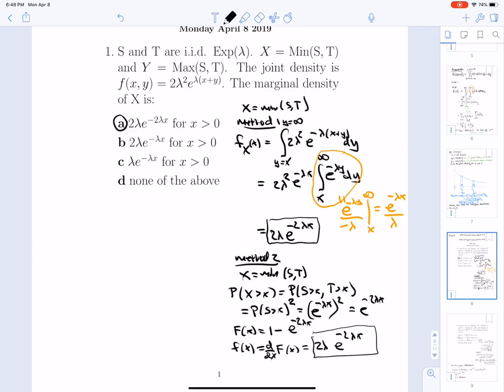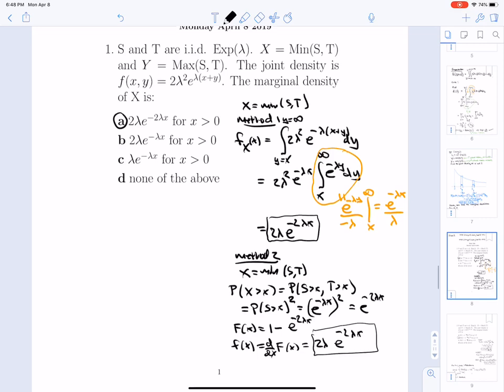Here I'm integrating through all the values of y. Because y is greater than x, since y is the max, we integrate the joint from x to infinity, and we get 2 lambda e to the minus 2 lambda x.